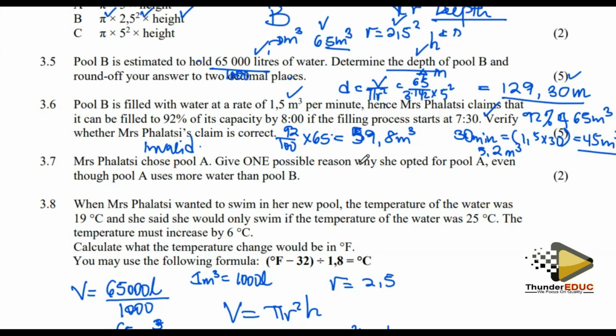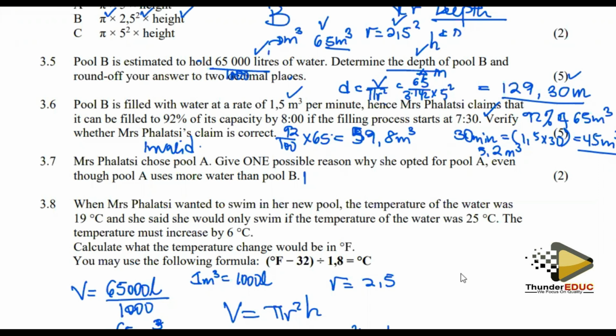Give one possible reason why she opted for pool A, even though pool A uses more water. Pool A is for both professionals and amateurs because it has a deep side and a shallow side, whereas pool B is flat and doesn't have any.